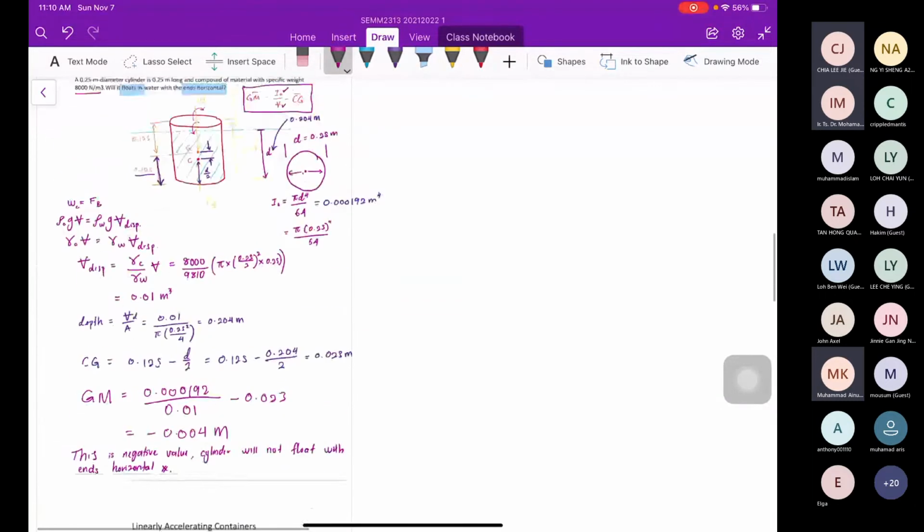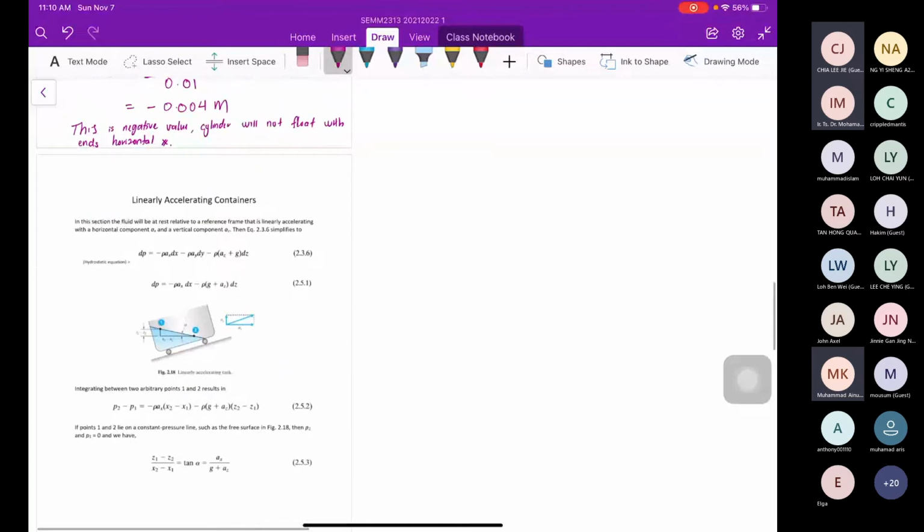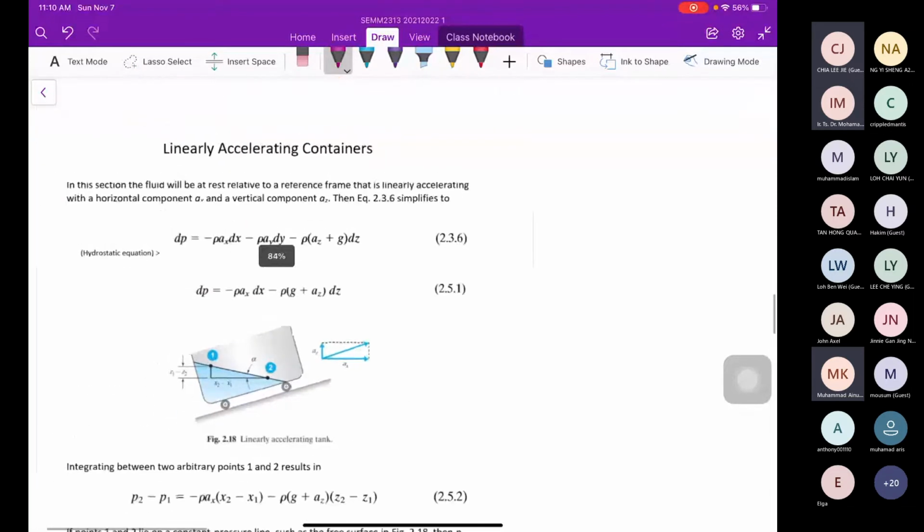Alright. Let's proceed on the linear accelerating container. So in this section, the fluid will be at rest. Why is it at rest? Because we are referring to the relative reference frame that is linearly accelerating with the horizontal component AX and the vertical component AZ.